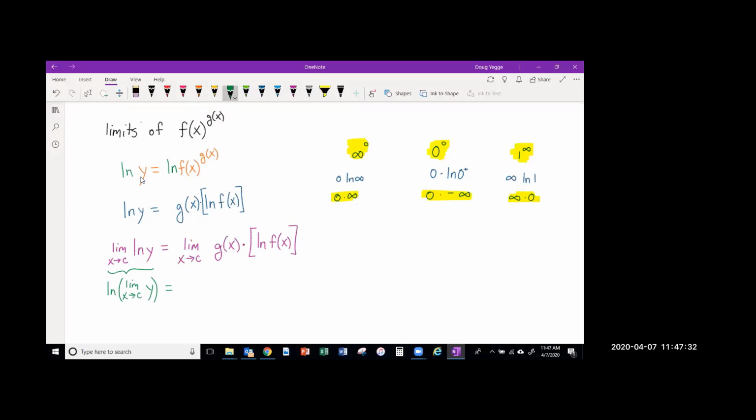And over here, that means that I can just rewrite this as the limit as x approaches c of g of x times the natural log of f of x.